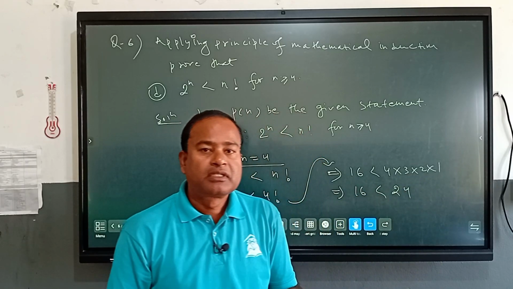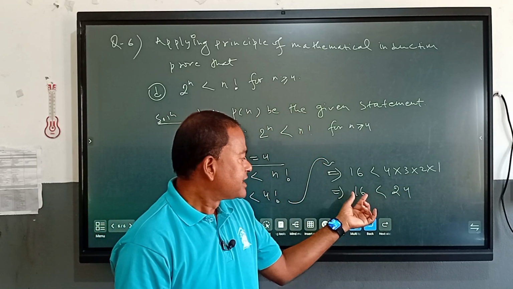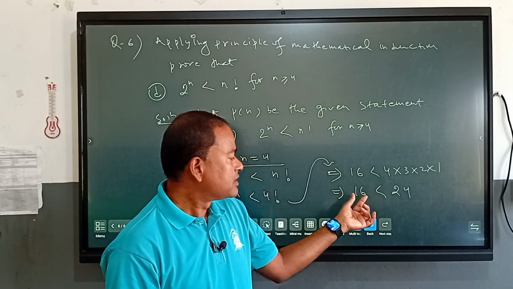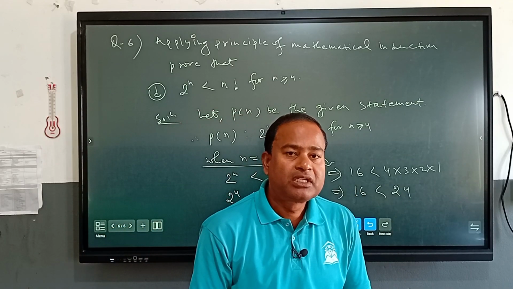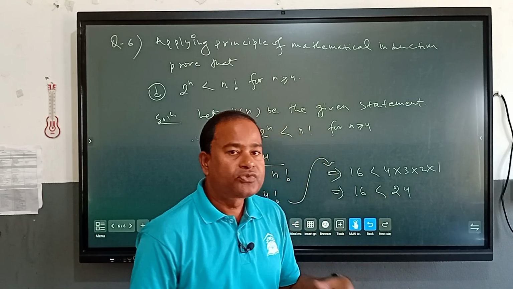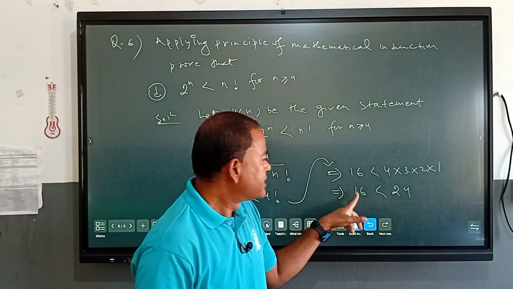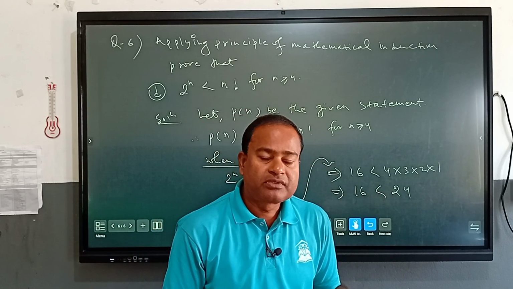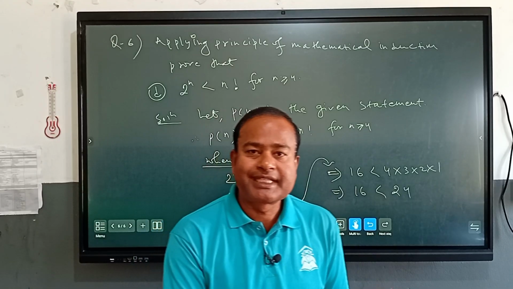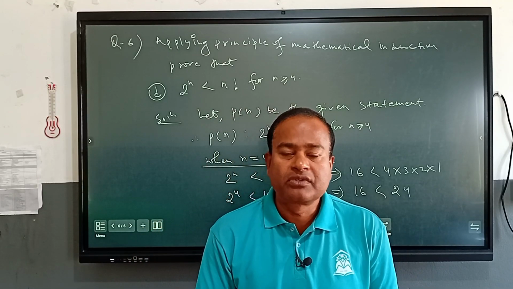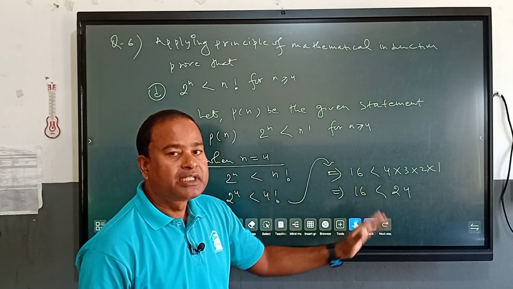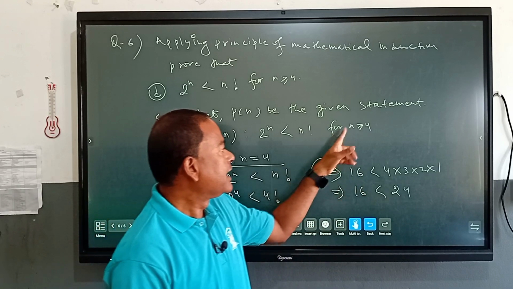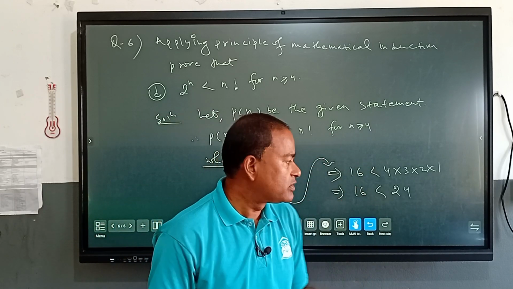So dear students, on the left hand side we have got 16, and on the right hand side we have got 24. That means 16 is less than 24. Of course, the number 16 is less than 24.